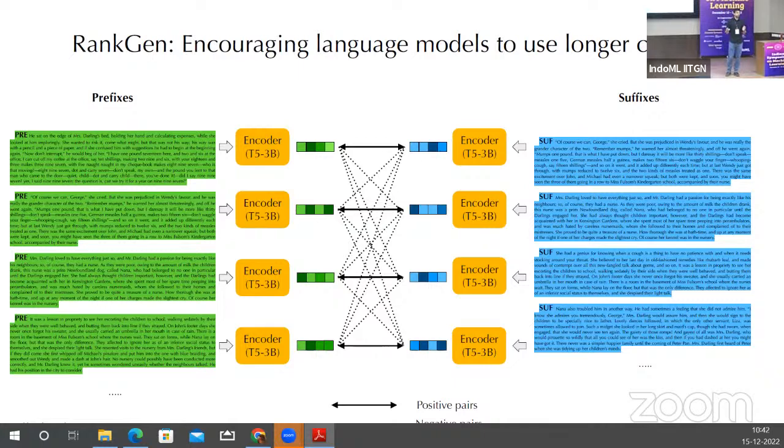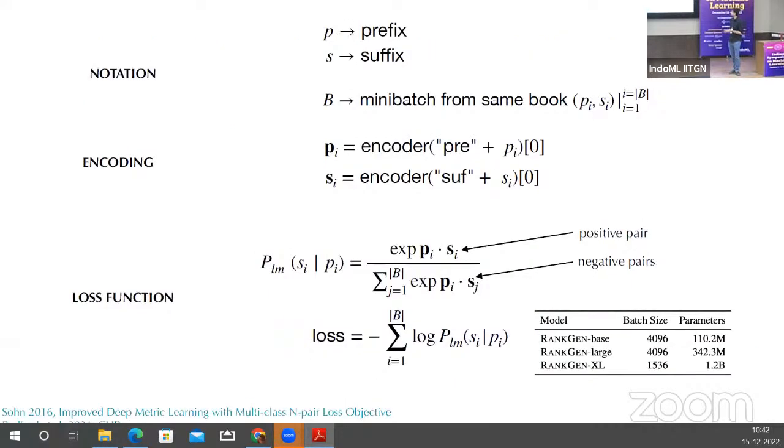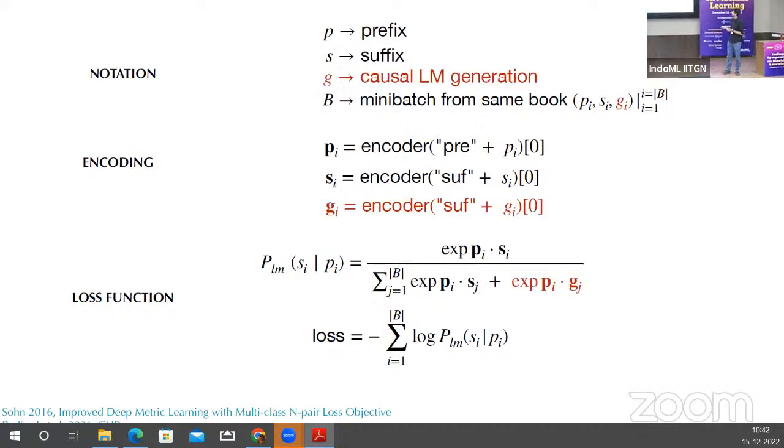This only works if you have a very, very big batch size so you can get as many negatives as possible. I won't go into the weeds too much, but in essence, we have a positive pair, which is the prefix and the gold suffix, and the negative pair, which is all of the other suffixes that are in the same batch. Another type of negative that we include in RankGen is a model-generated negative.